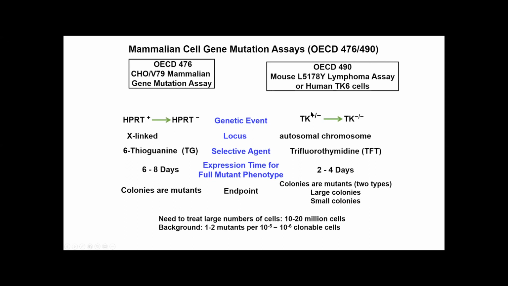The wild type cells that can incorporate it die, and the ones that don't incorporate it because they've been mutated by your exposure survive. So this takes 6 to 8 days to occur after initial treatment. Over here, it takes 2 to 4 days. So that's the difference in time between these 2 alleles, and the endpoints are colonies.